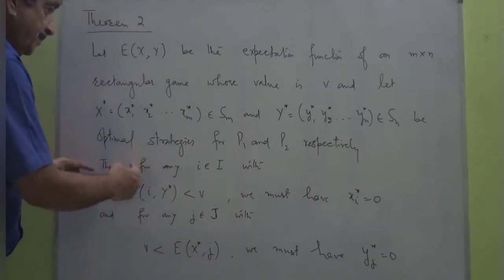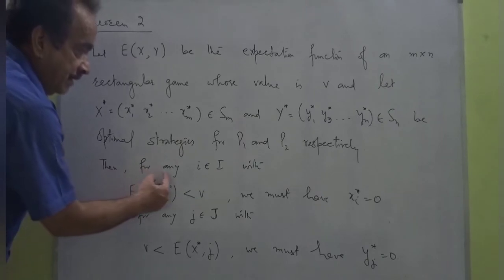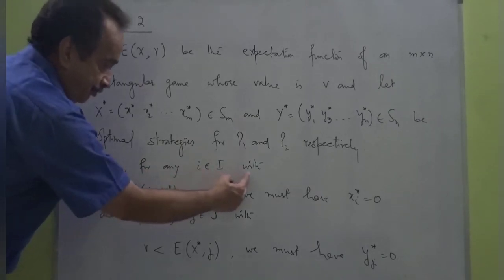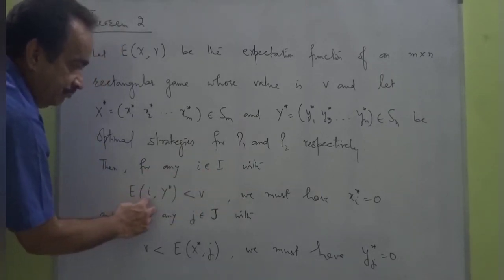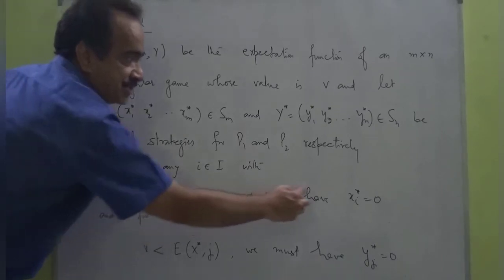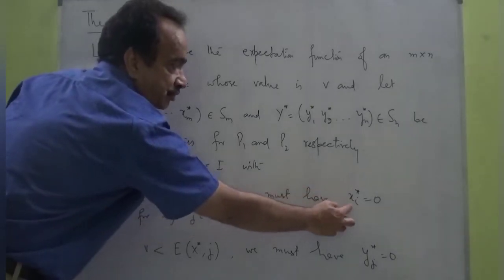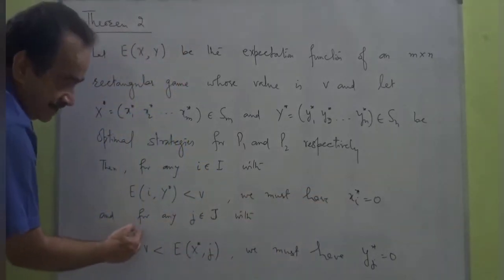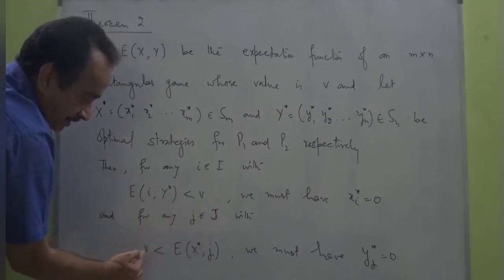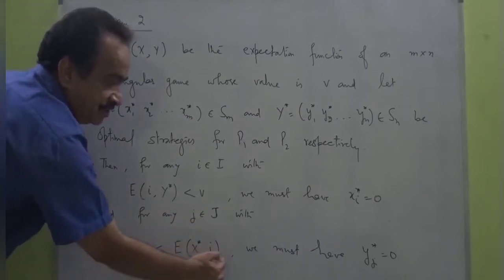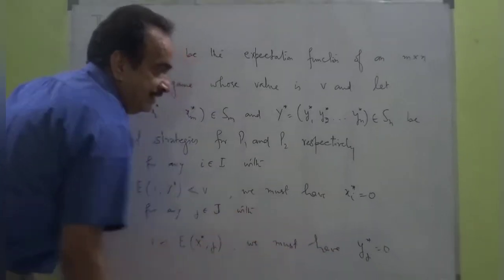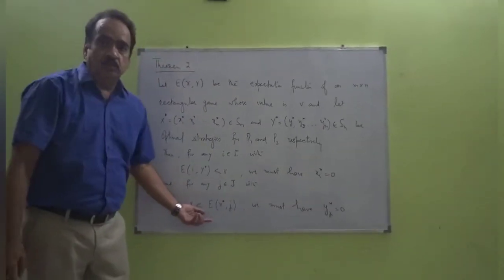Now suppose for some i in I, E(i, y star) is less than v, then we must have xi star equal to 0. Likewise, if for some j in J we have v less than E(x star, j), then it must imply that yj star will be equal to 0.